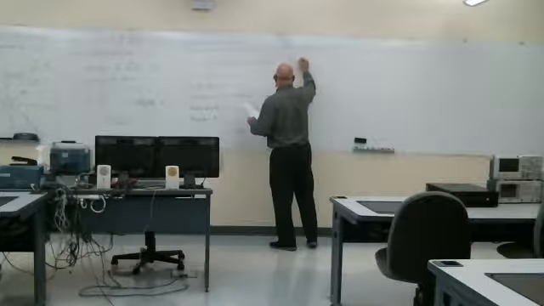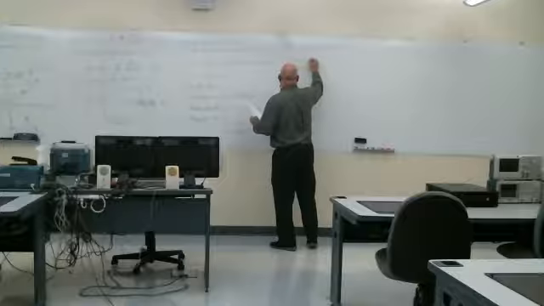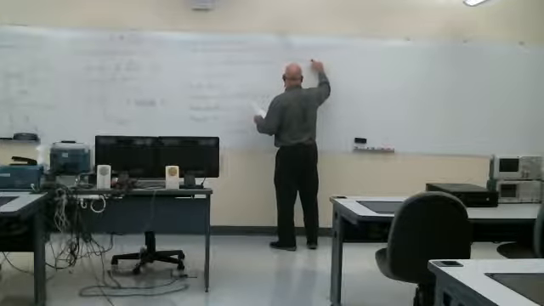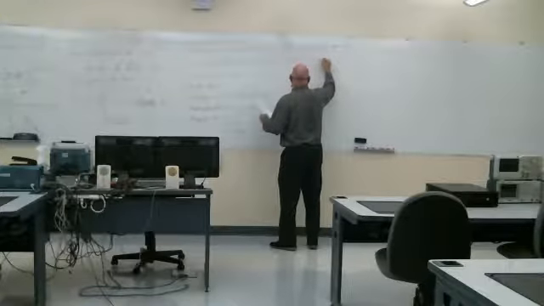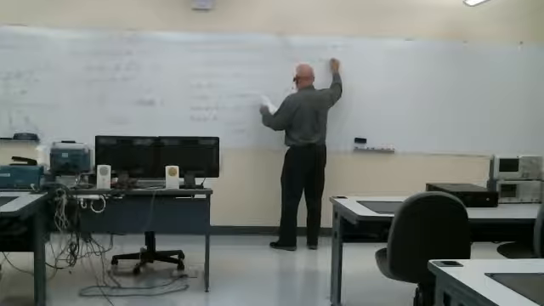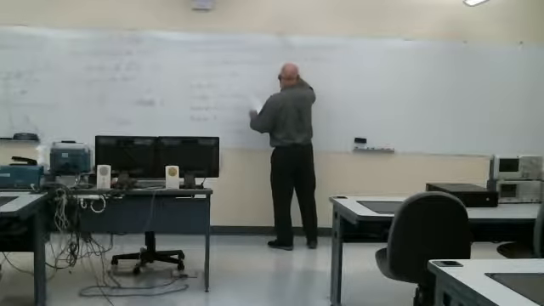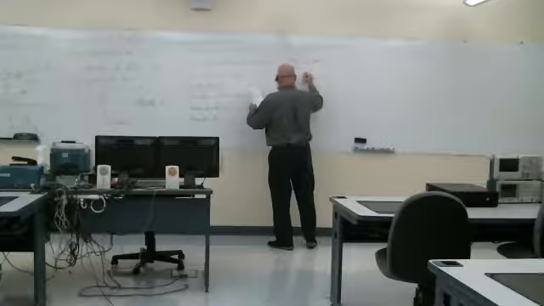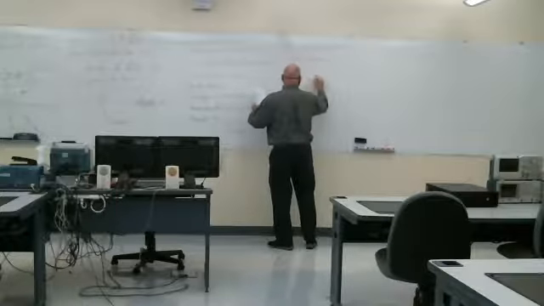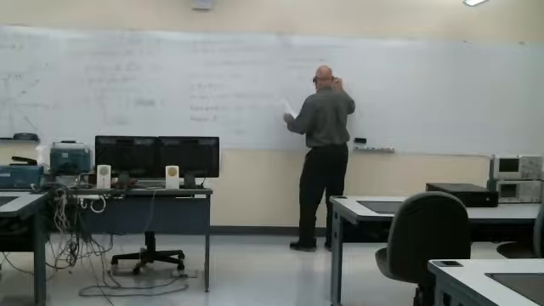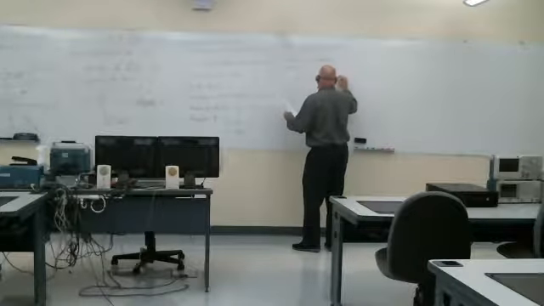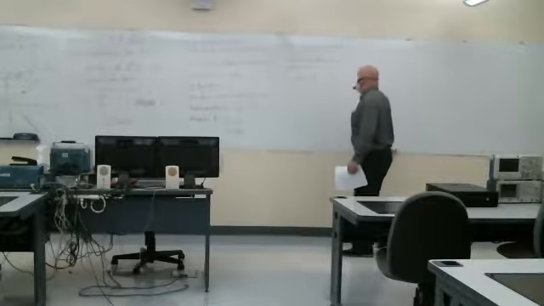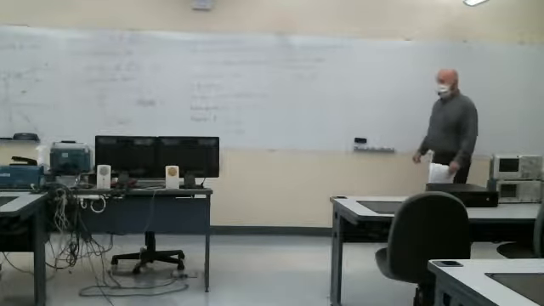Electric flux density is defined as the permittivity times the electric field. And this actually has units of coulombs per meter squared.